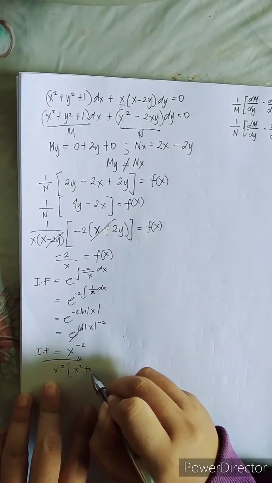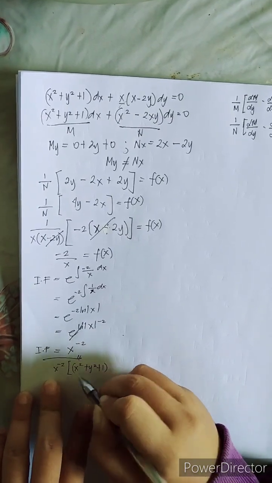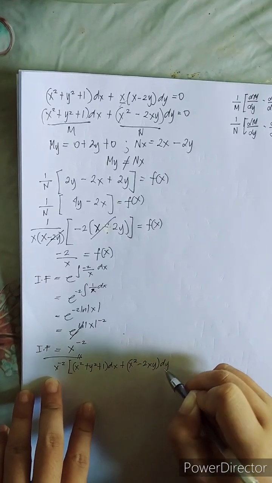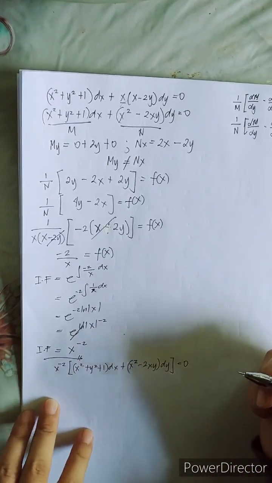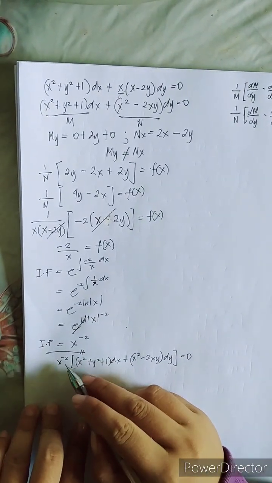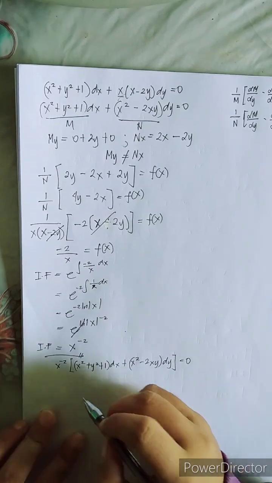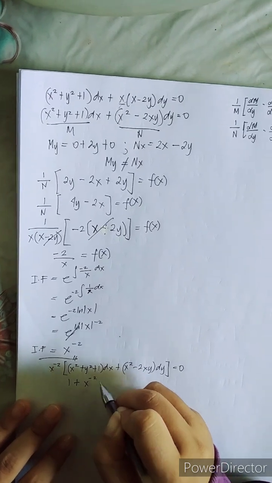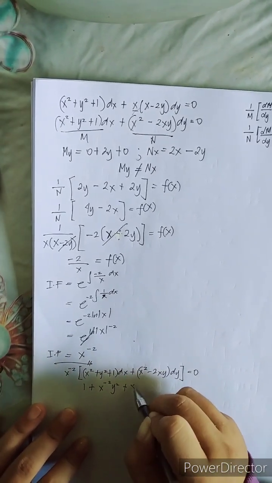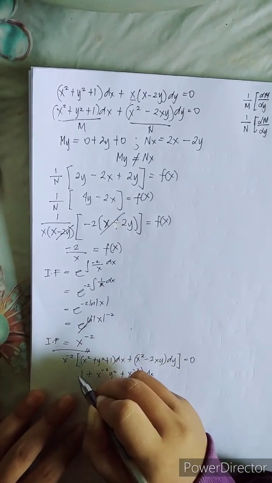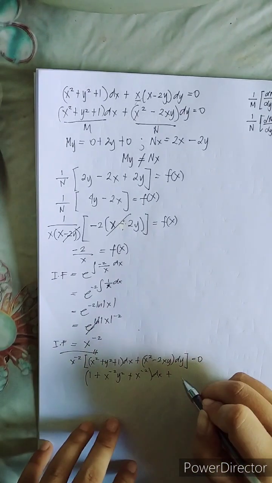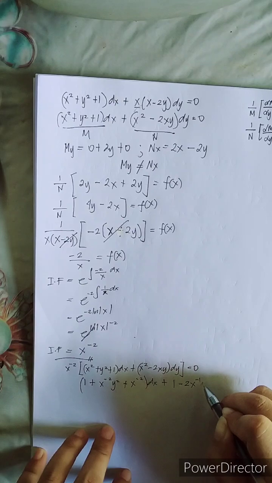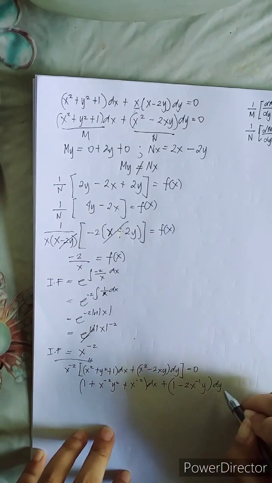x squared plus y squared plus 1 dx plus x squared minus 2xy dy equals 0. x to the negative 2 multiplied to x squared is 1, plus x to the negative 2 y squared plus x to the negative 2 dx, plus 1 minus 2 x to the negative 1 y dy equals 0.